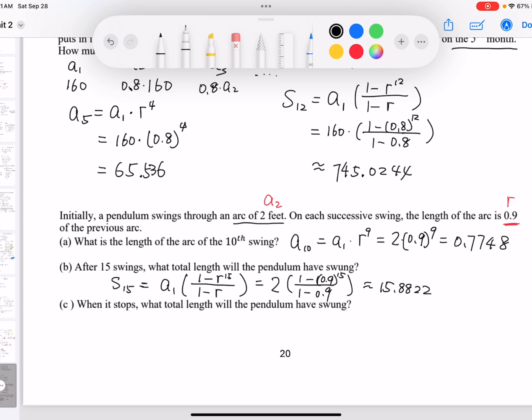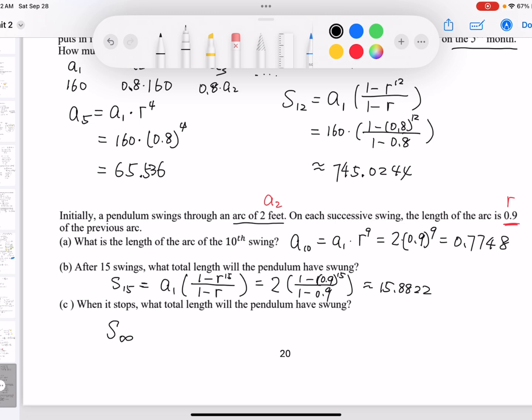Number C, when it stops, what total length will the pendulum have swung? So we can assume that when it stops, the pendulum will swing for infinity times. So we can just find what is the S sub infinity.